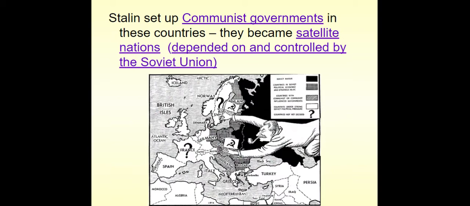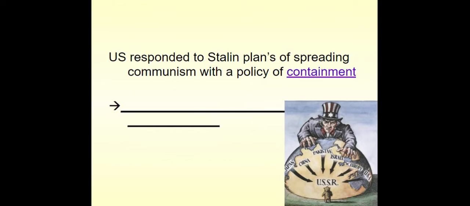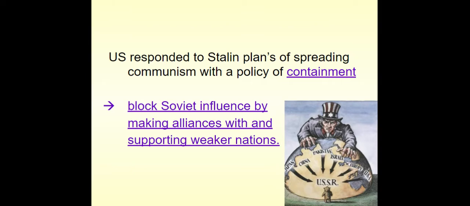Stalin's grasp of this territory and the fact that he is not letting go is very much concerning to us. And we develop our own policy called containment. We do not like the way that the Soviets are grasping at this territory. So, our decision, we're going to contain communism. We're going to stop Soviet influence.